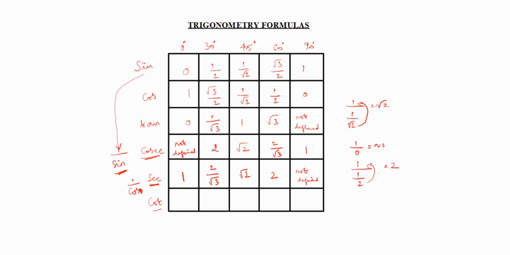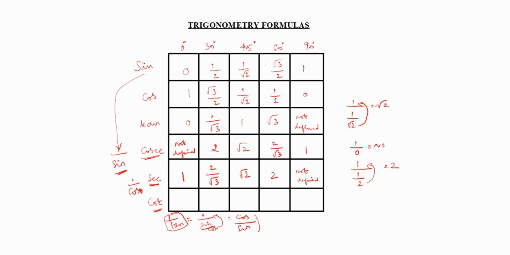Next, cot. Cot is 1 by tan. Otherwise, what comes? 1 by sin by cos. Cos goes up, so cos by sin. Now we know the tan value, so directly we will take 1 by tan.